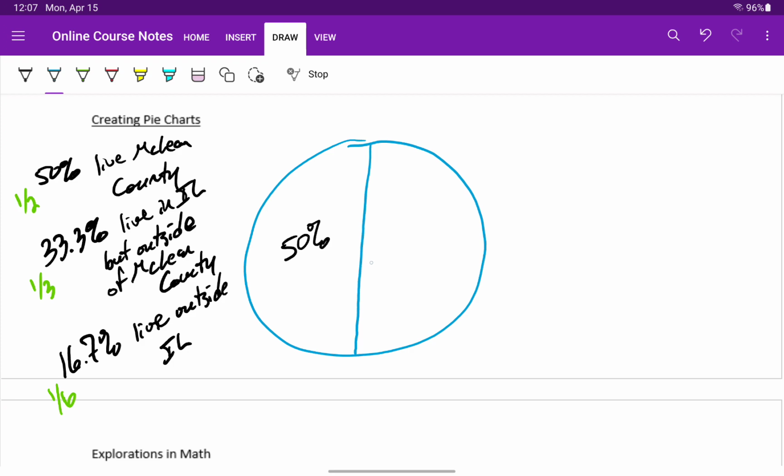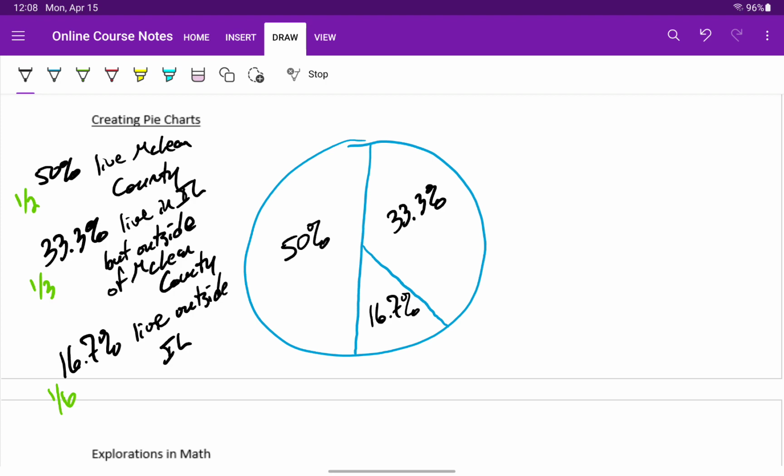Then from what's left, we've got 33.3% living outside of McLean County but still in Illinois, and then 16.7% living outside of Illinois. So we take that circle, break it into individual pieces where the size of each piece represents the proportion of the circle, or the proportion of the 100% total.